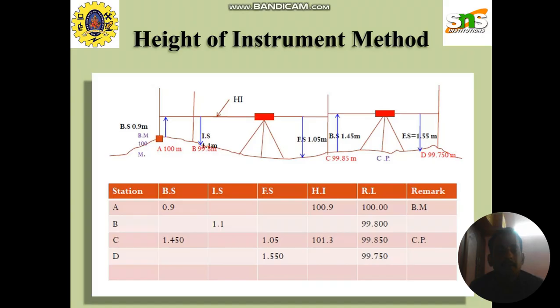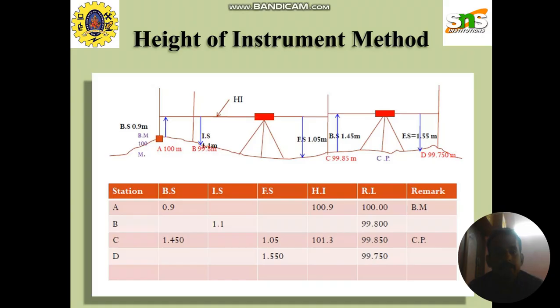So the reduced level of benchmark is marked in the backside reading. As I already told you, the first reading is marked as backside and the last reading is marked in foresight, and the in-between readings are marked in intersight. So here the instrument is shifted to another point, so the change point is also marked here.